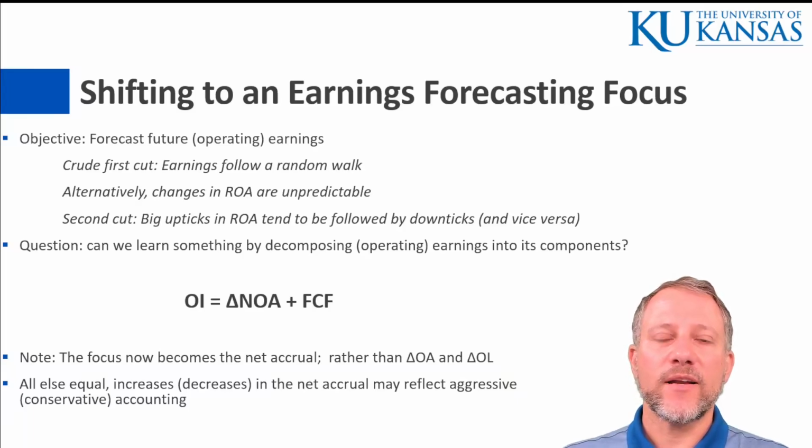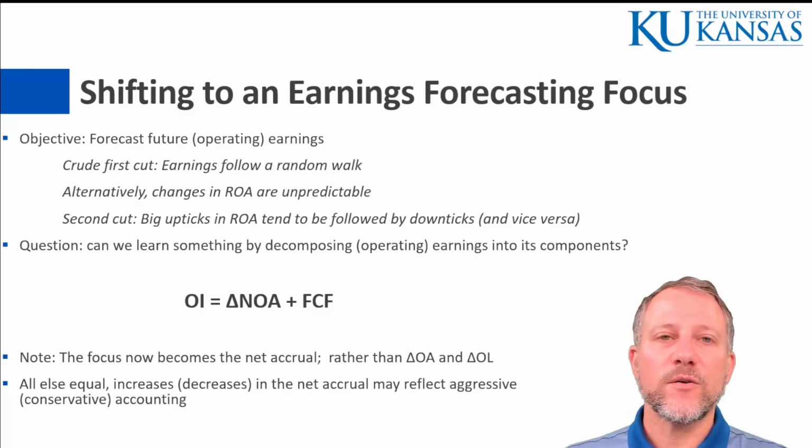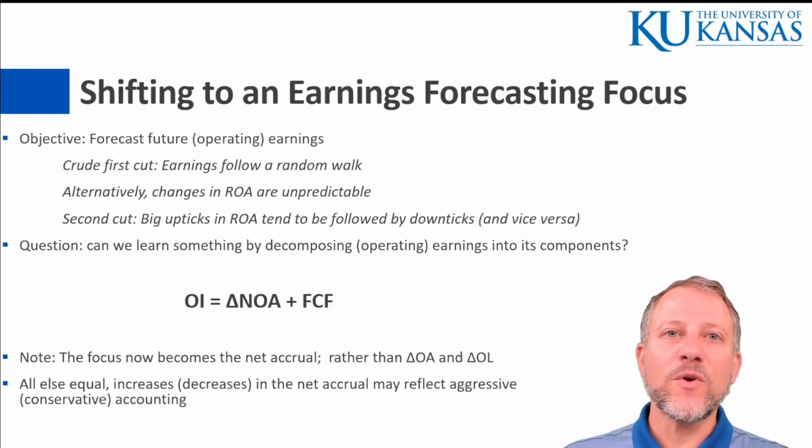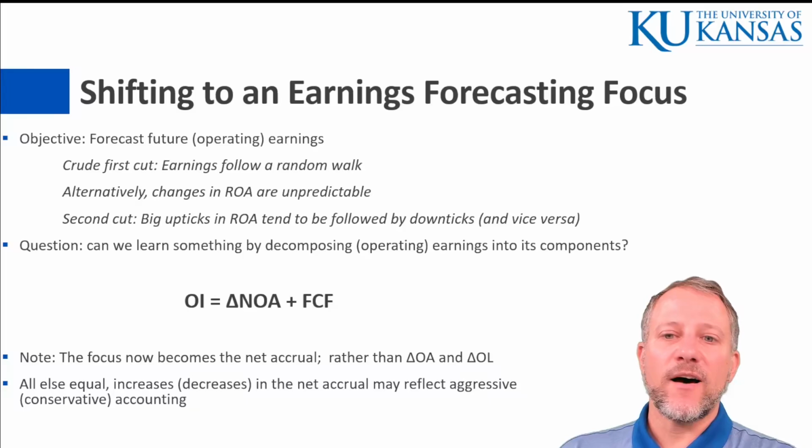On the other hand, if we've been conservative in our accounting in the current period, that as well is likely to reverse itself in the future. So if we've overexpensed our research and development this period, then we won't see that expense in a future period when we recognize the benefits of that R&D.